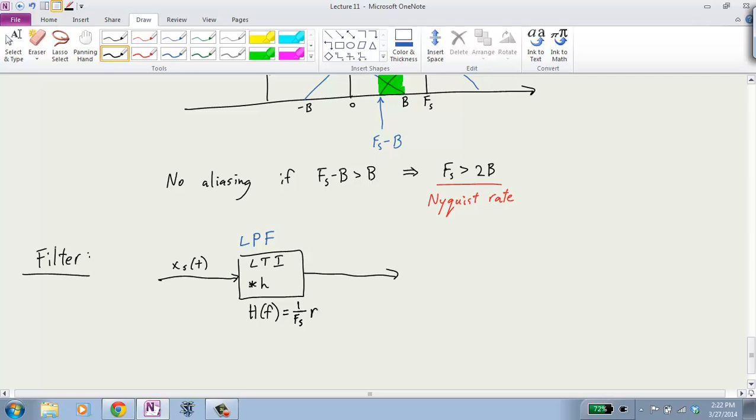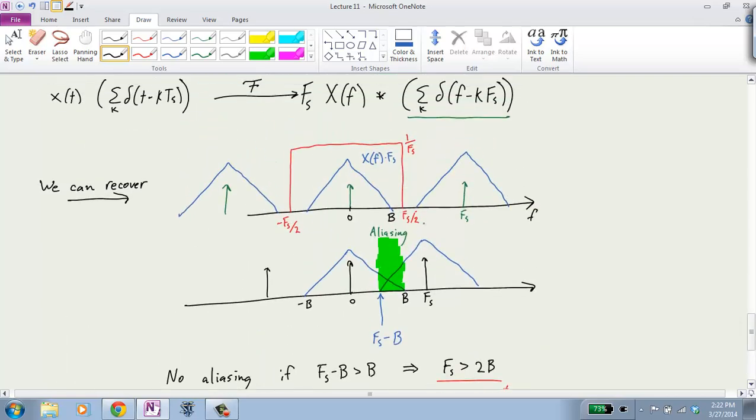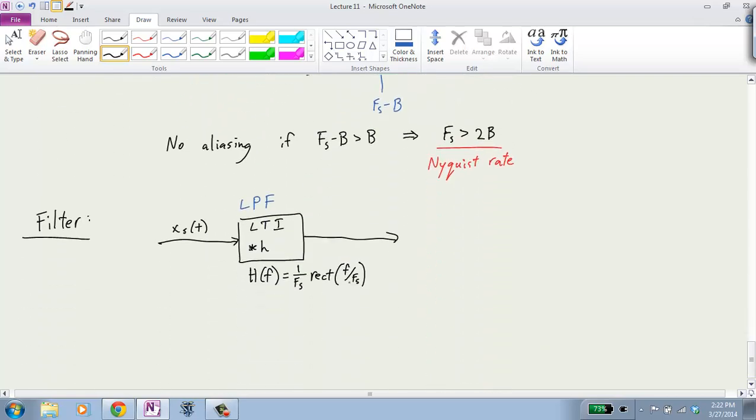Rect of what? Close. There's no 2, because rect already only goes up to a half. So rect goes negative half to half. If we wanted to go negative fs over 2 to fs over 2, we do over fs there. So what does that mean h of t is?